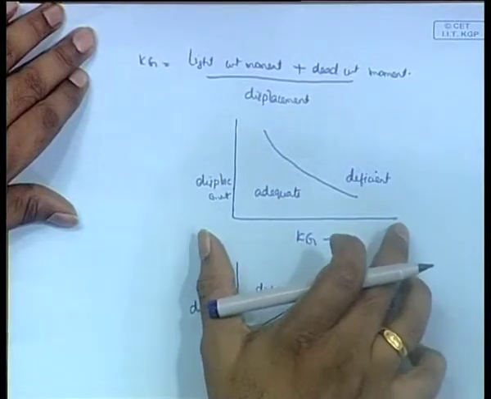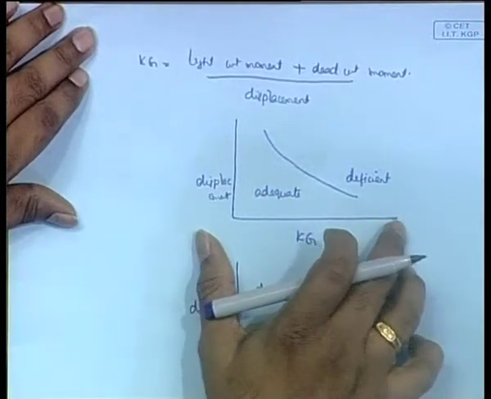For instance, in cargo hold number 1 there are 4,000 tons, and you are given the KG; hold number 2 has 3,000 tons, with KG equals 6.5, and like that you are given different values. Then you have to check with a chart like this whether the ship is stable or not.